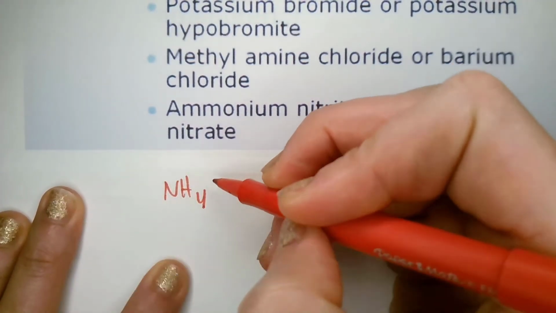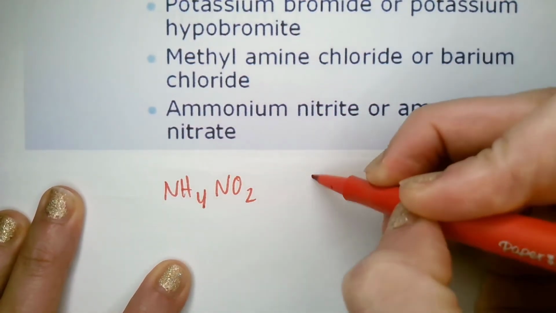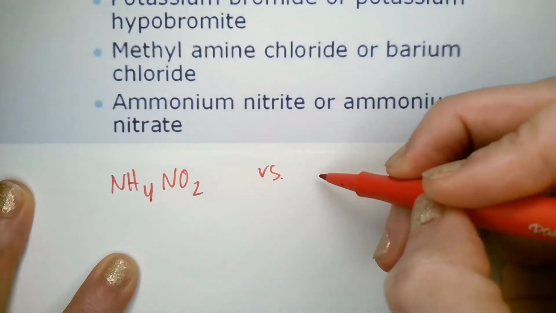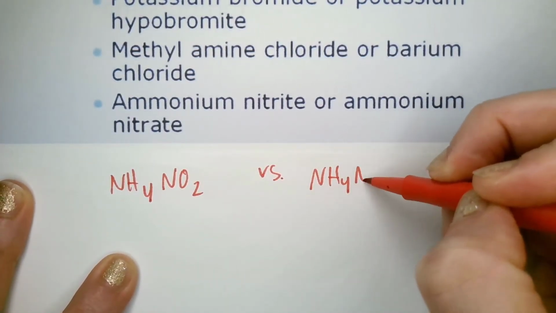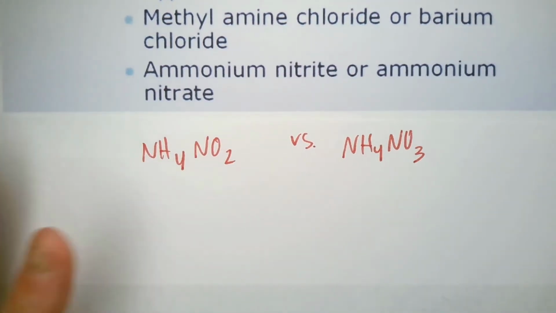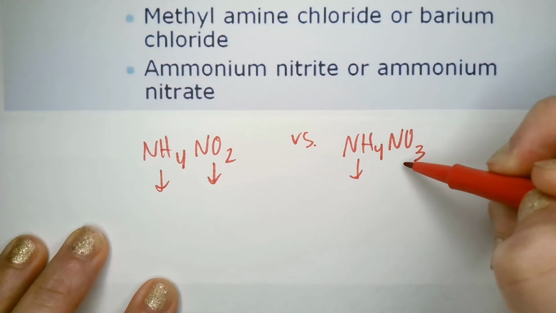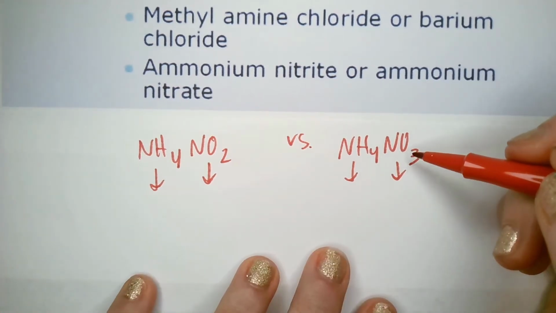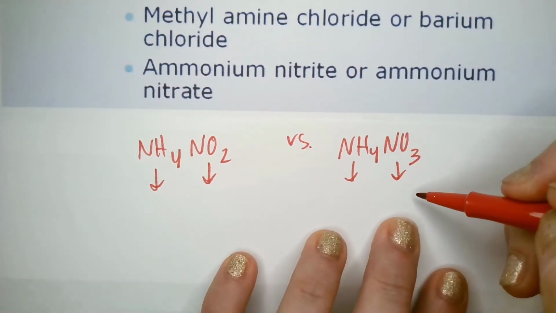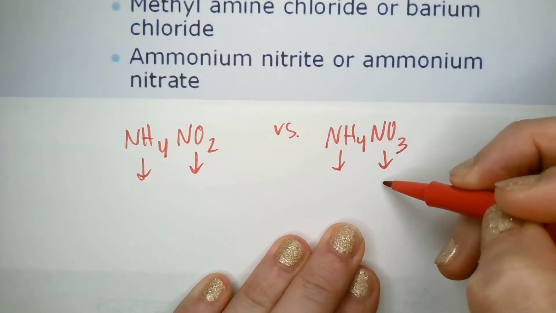And let's look at our last one. We have ammonium nitrite, NH4NO2, versus ammonium nitrate, NH4NO3. So again, let's look at our parent acids and parent bases.